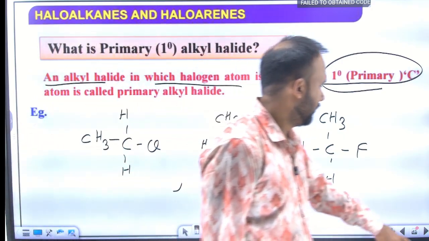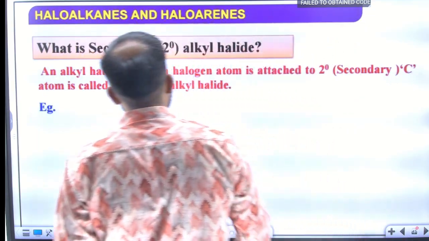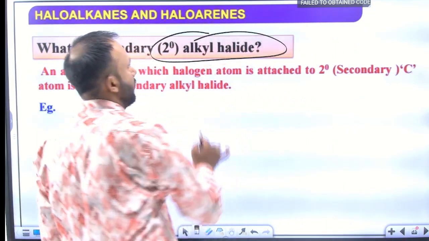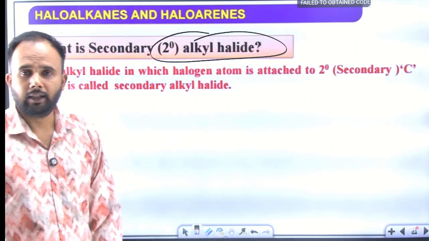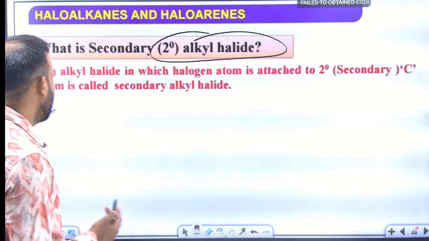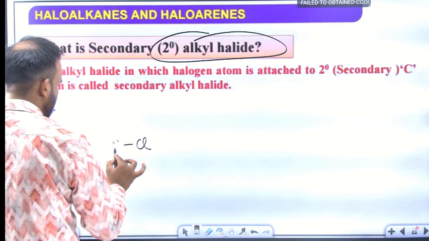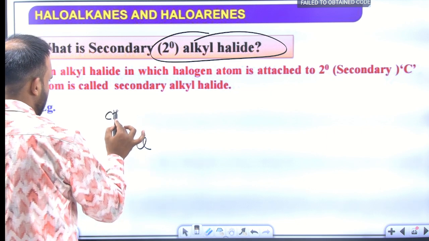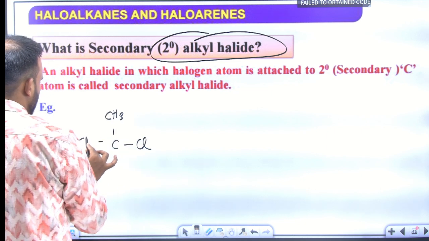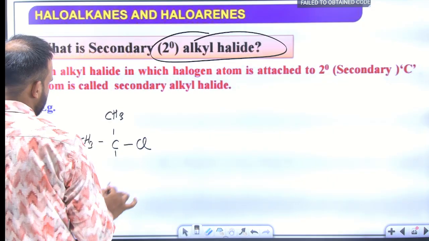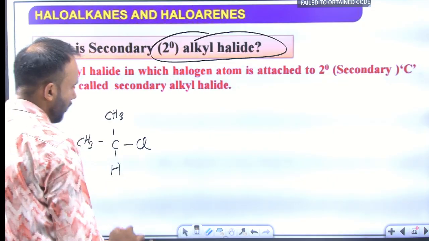Now we go with another term, secondary alkyl halide. In secondary alkyl halide, the halogen atom is attached to a carbon which has two alkyl groups. How many groups?